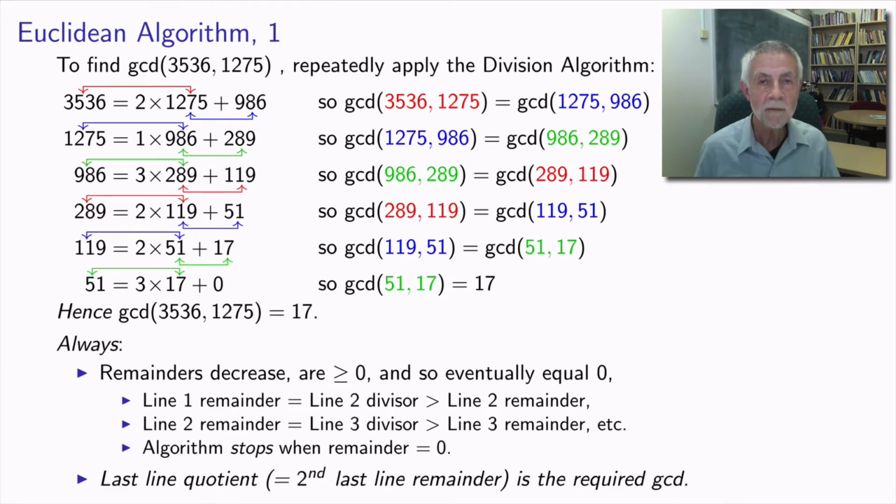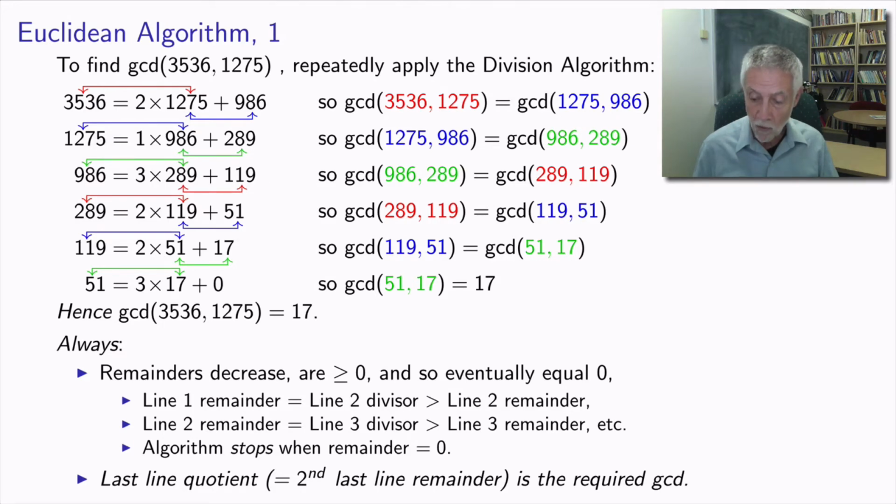Writing down the argument a little more carefully, the remainders decrease and they're greater than or equal to 0, so they must actually reach 0. If you look at it carefully, the line 1 remainder, which was 986, is equal to the line 2 divisor, which must be bigger than the line 2 remainder because of the division algorithm.